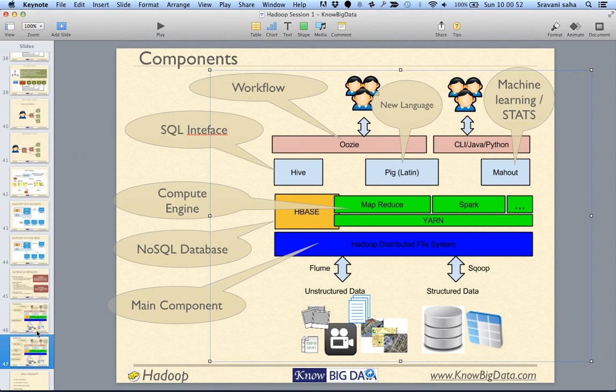Now, for every problem, you cannot keep on programming MapReduce or programming in Spark. Okay. For very obvious problems which can be solved using SQL, Hadoop provides you Hive. To Hive, you give an SQL saying select star from my table where data is this much.